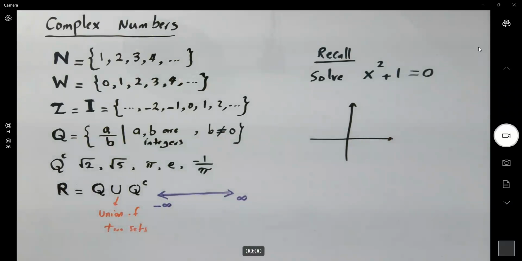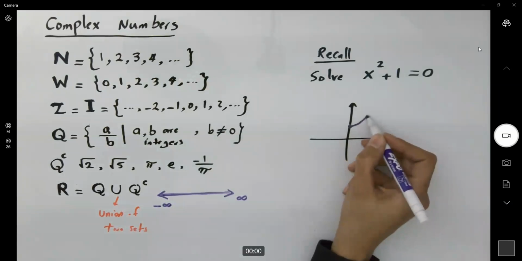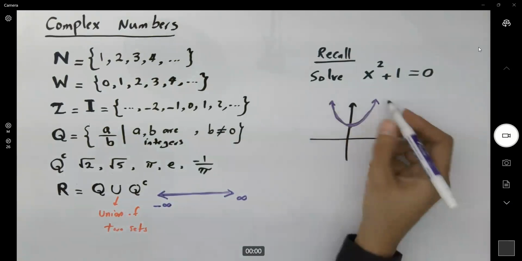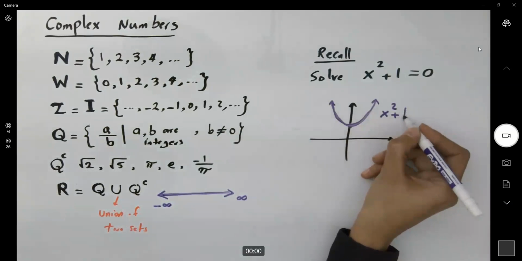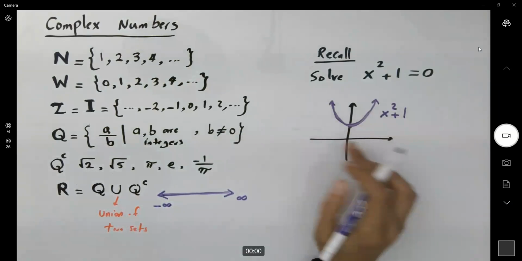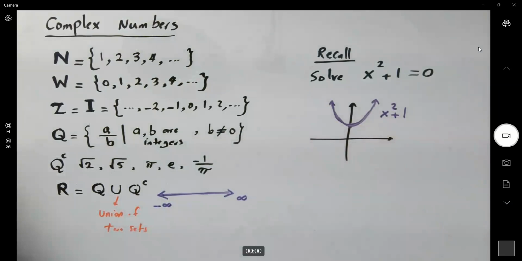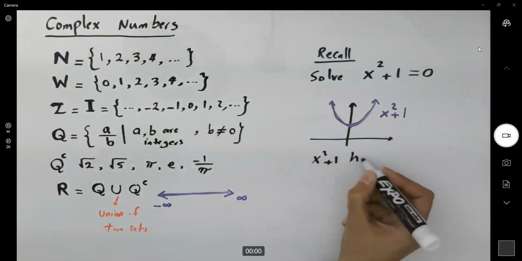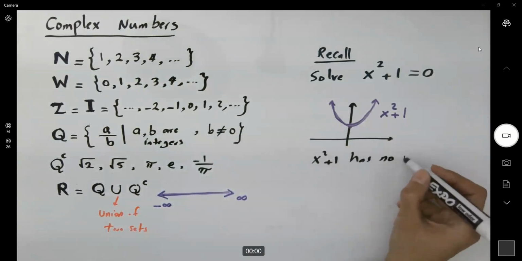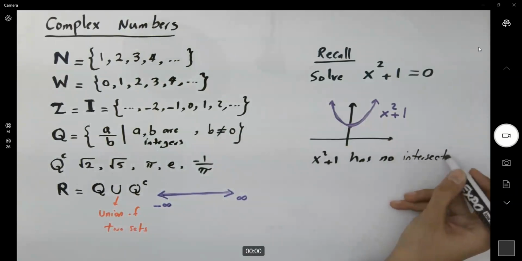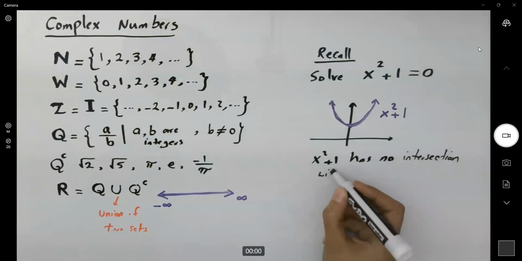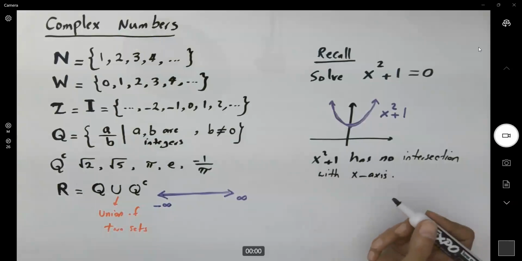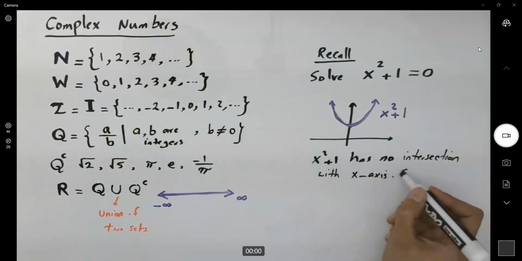At 0, it's going to be 1, and it's above the x-axis. This graph, x squared plus 1, has no intersection with the x-axis. So what's the meaning of that? It means that it doesn't have any x-intercept.